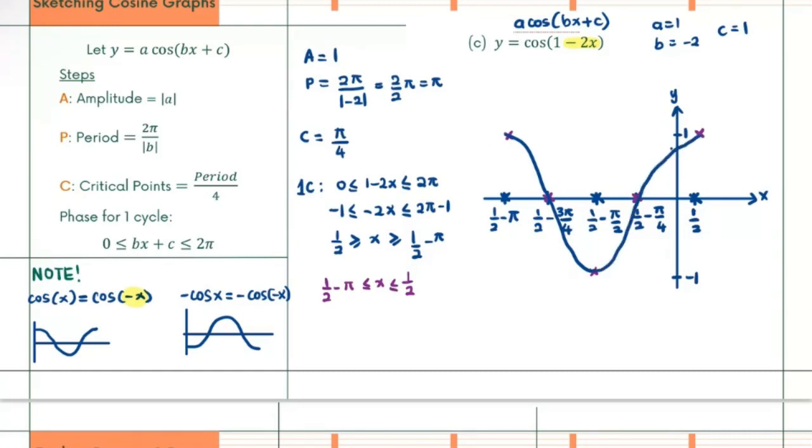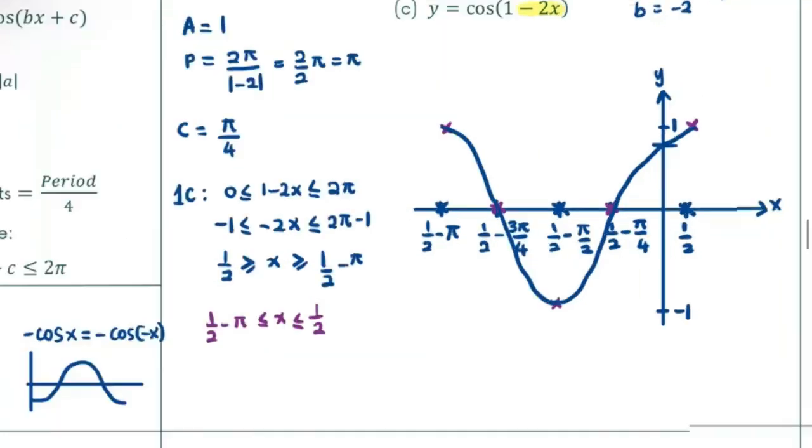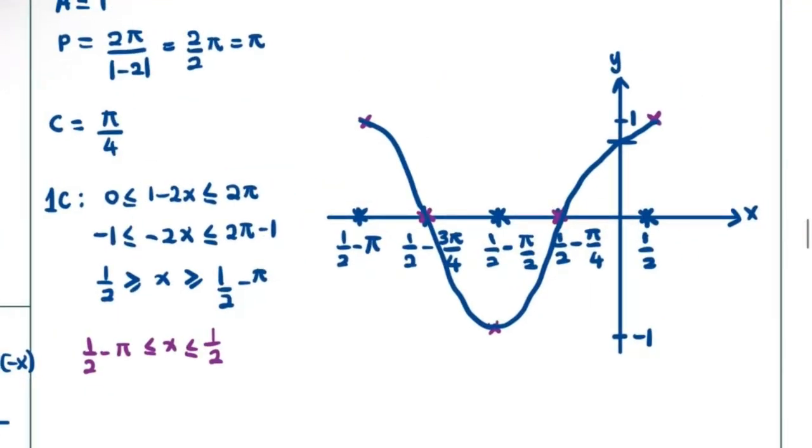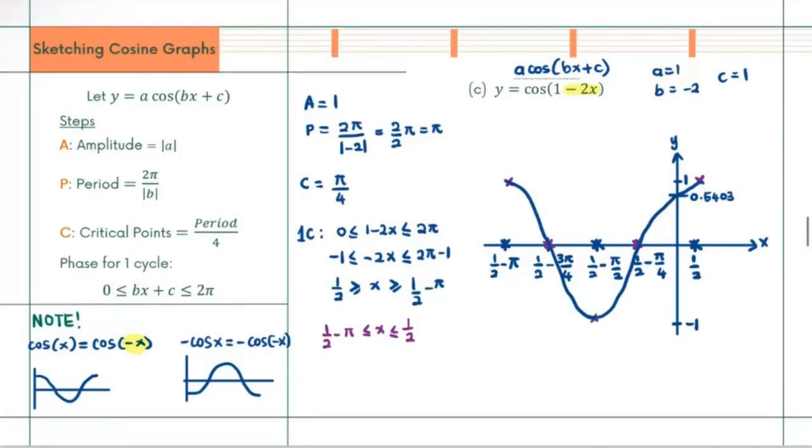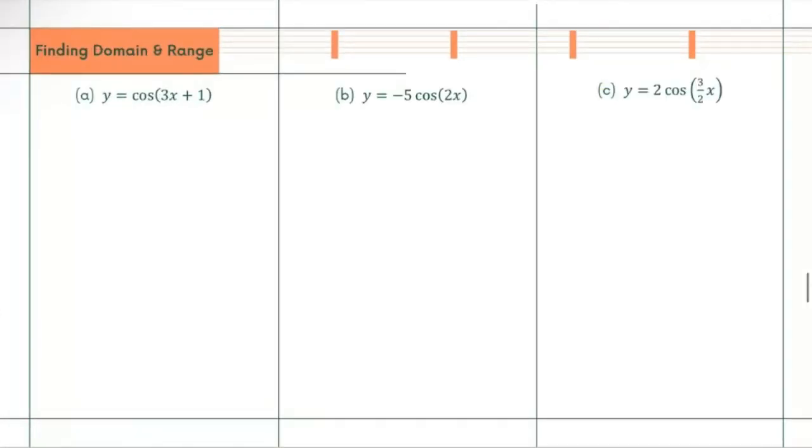So now yang ini kita kena cari y-intercept. So calculator dalam mode radian. So cos 1 sama dengan 0.54. Okay, so kat sini kita akan dapat 0.5403. Dan domain dengan range dia akan jadi benda yang sama lah. Untuk semua graf, kita akan dapat negative infinity until infinity.